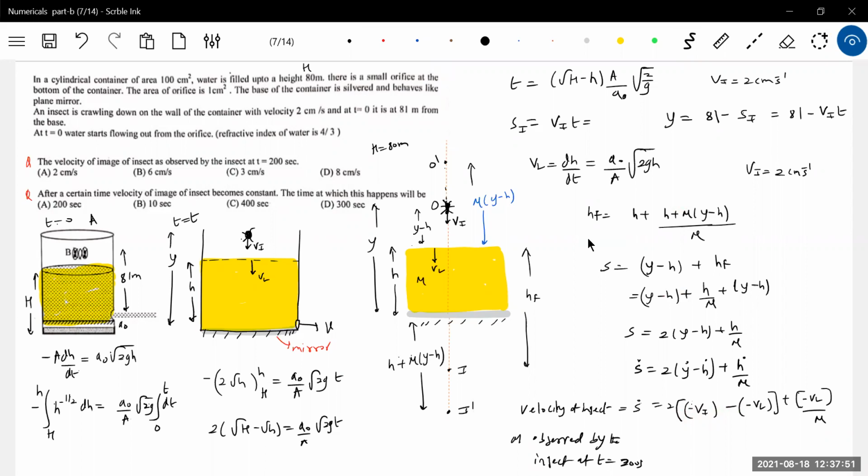After that is the next part. After a certain time, the velocity of the image. Look at the second question. I want students to really answer this. Anybody want to explain why the velocity of the image will remain constant?